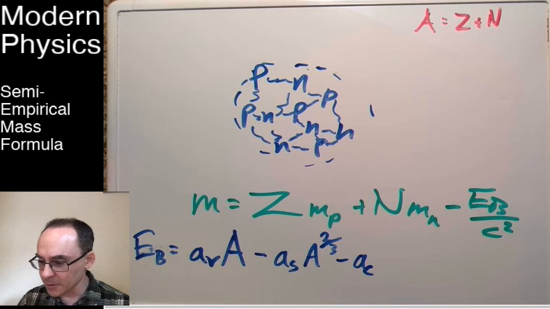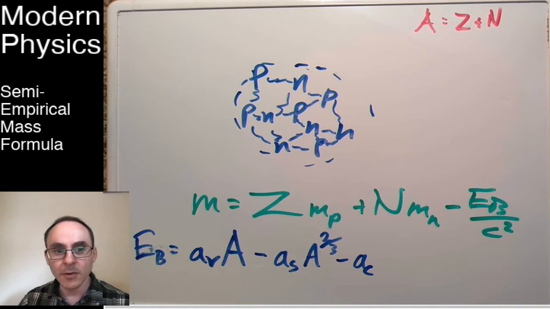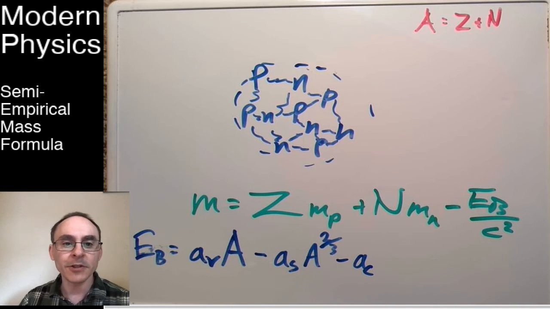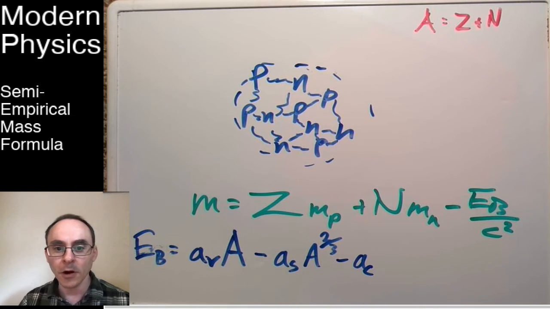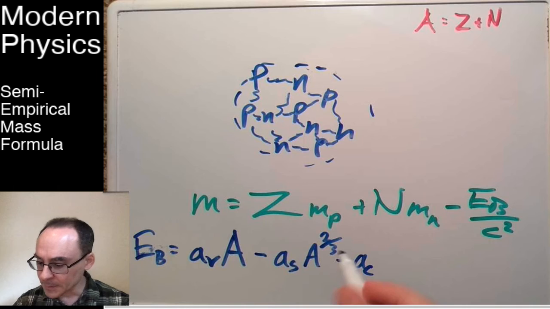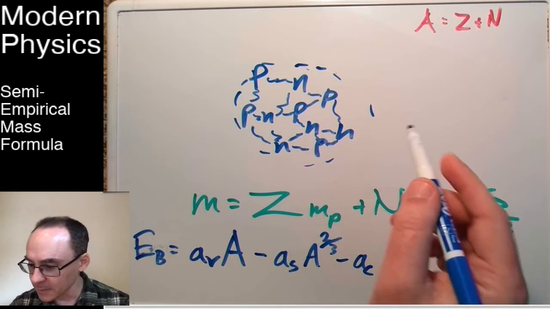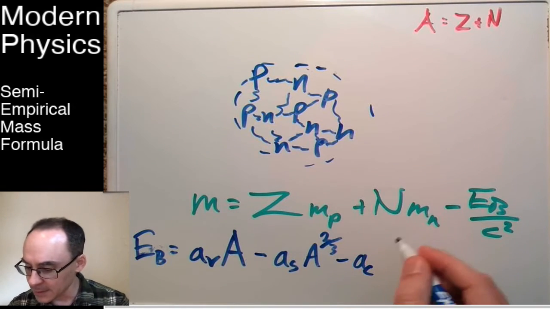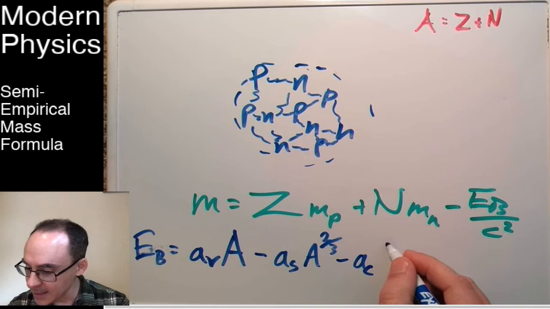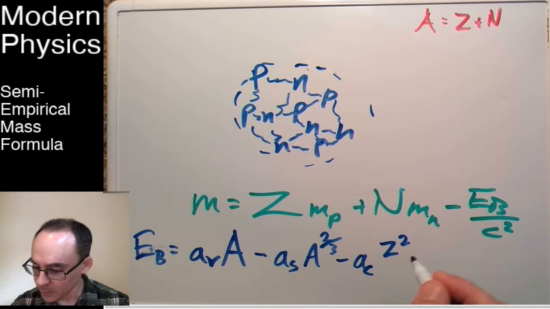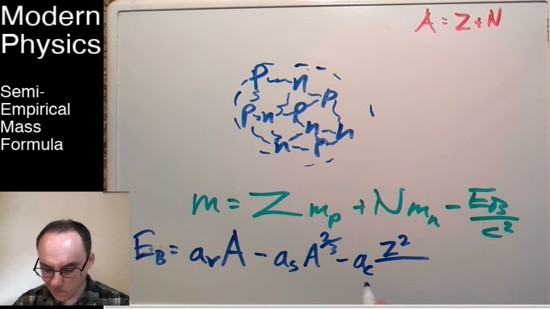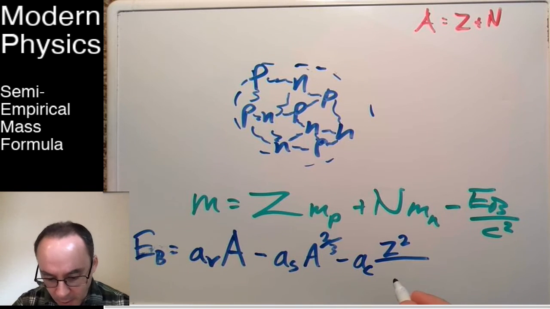Remember, the electrostatic force between two charges is some constant times Q1 Q2 over R squared, where the Q's are the charges and R is the distance between them. The charges here are just the protons, so there's going to be a Z times a Z, a Z squared, over something like R. Here we're talking about energy, actually.